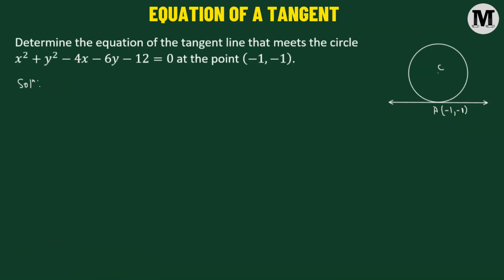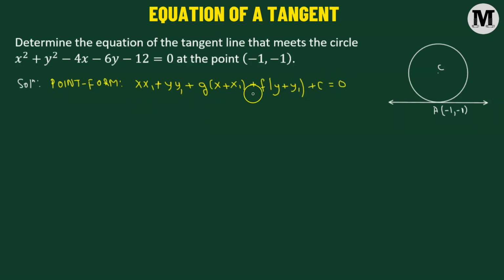To find out the equation of the tangent line, we will be using the point form of a tangent line. Now, let's quickly define the point form of a tangent line. The point form is given by x times x1 plus y times y1 plus g multiplied by (x plus x1) plus f times (y plus y1) plus the constant c equals 0.